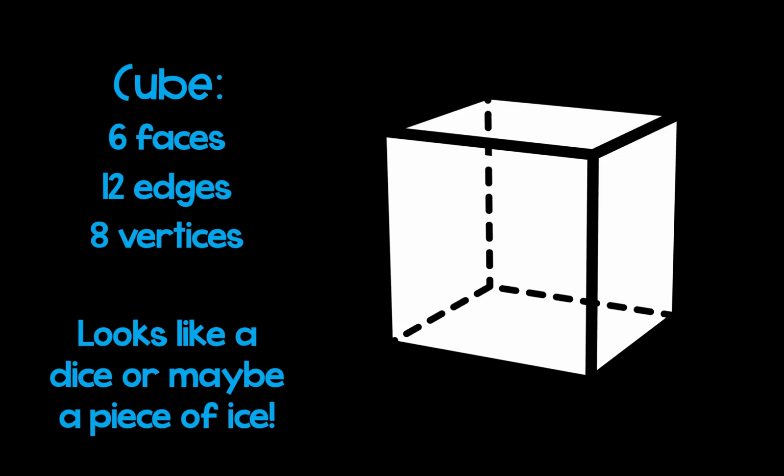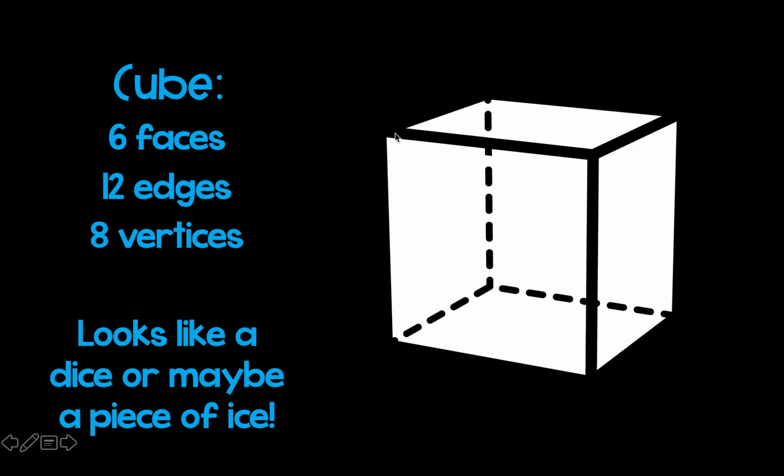That is the big difference between a rectangular prism and a cube, is that a cube has 6 square faces. Let's count them. 1 in the front, 2 in the back, 3 on this side, 4 right here on this side, 5, and on the bottom, 6.